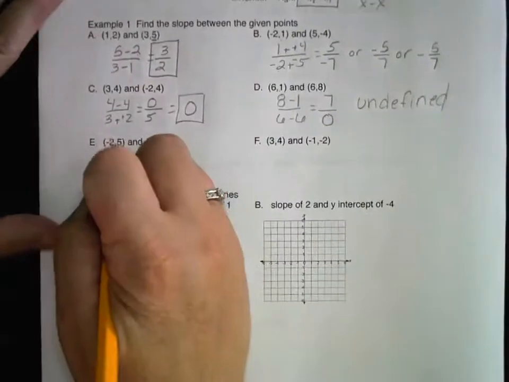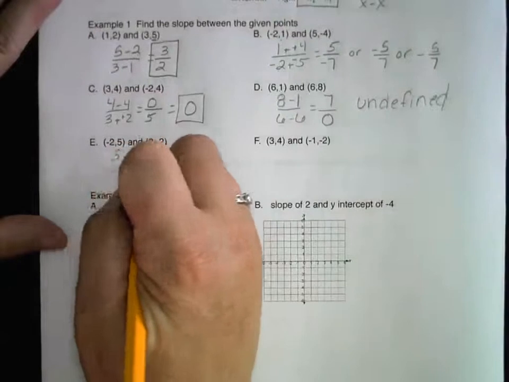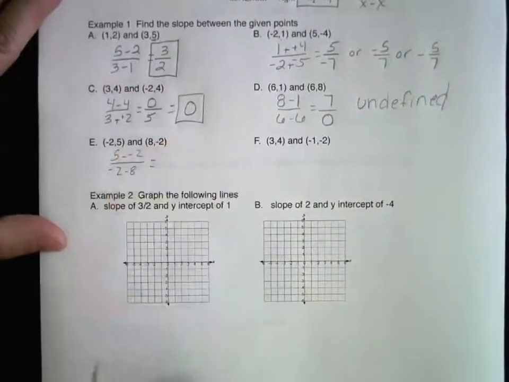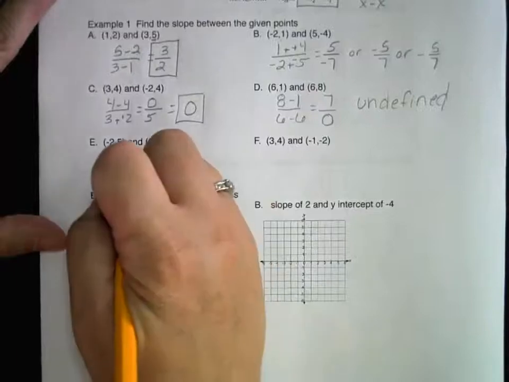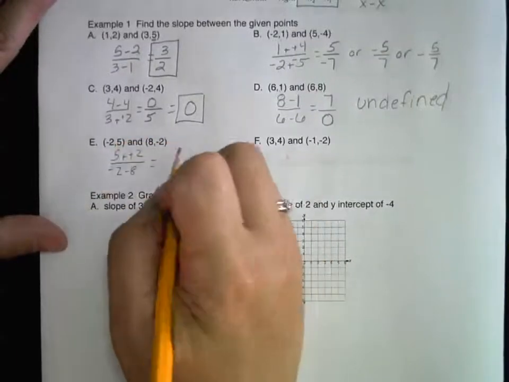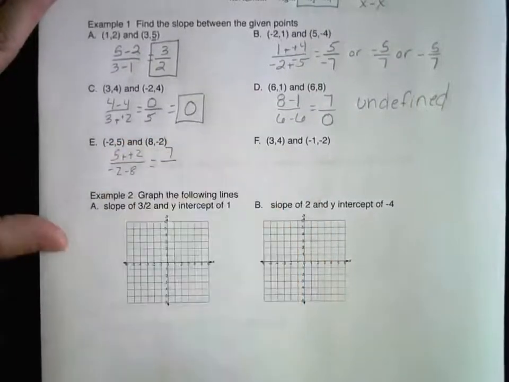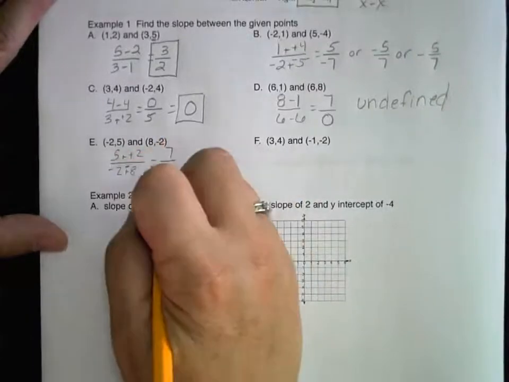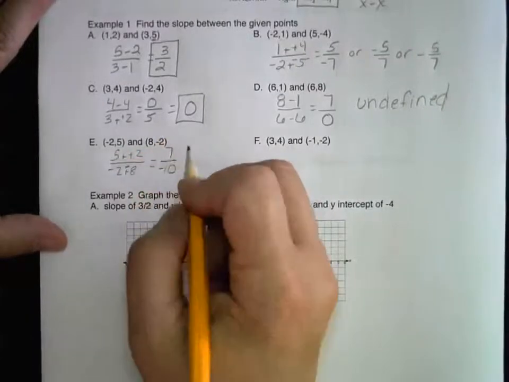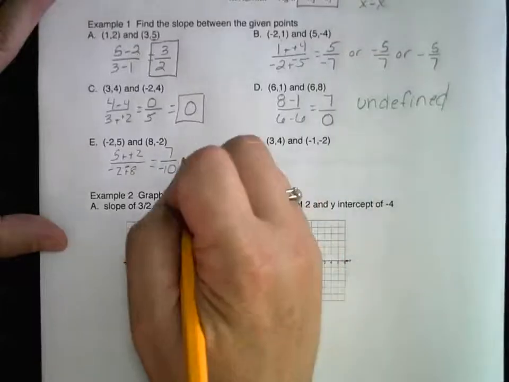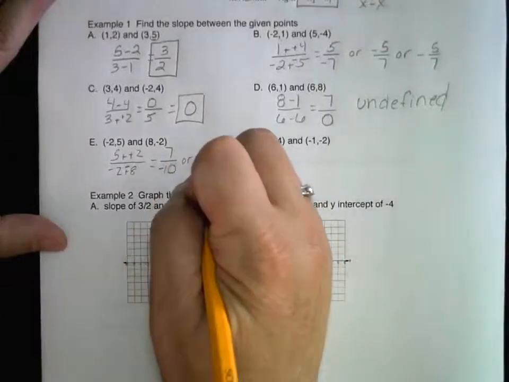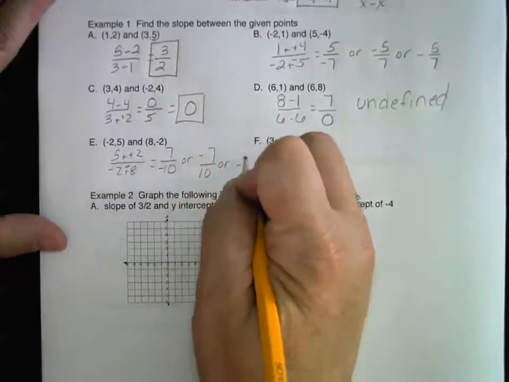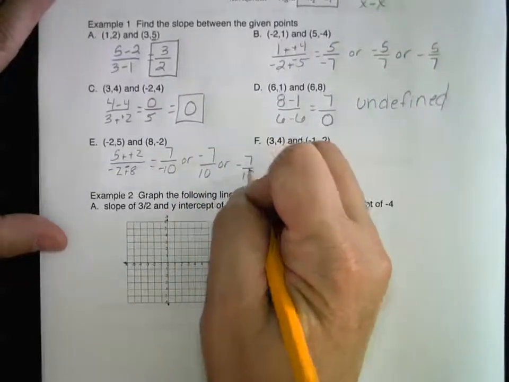Letter E, 5 minus negative 2 over negative 2 minus 8. Change that subtracting a negative to adding, and that becomes 7. Negative 2 plus a negative 8 is 7 over negative 10, which is the same as negative 7 over 10, or you can have the negative out in front.